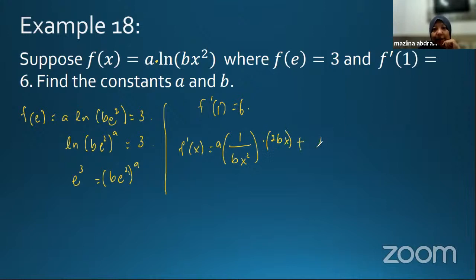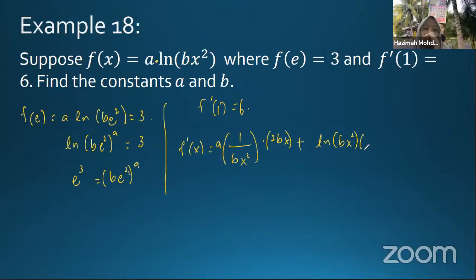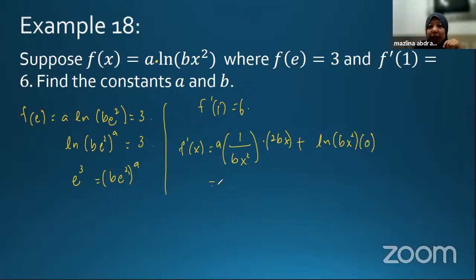Plus ln b x square times differentiate A. Differentiate a constant adalah derivative of constant. 0. Right. So you will get this. You dapat apa?